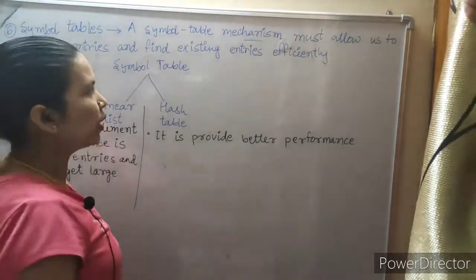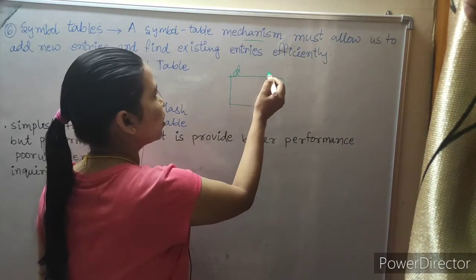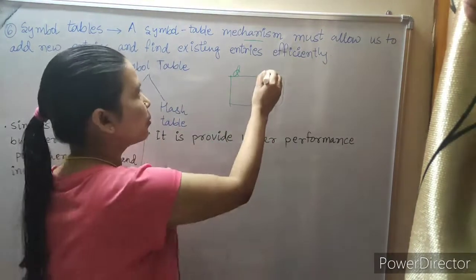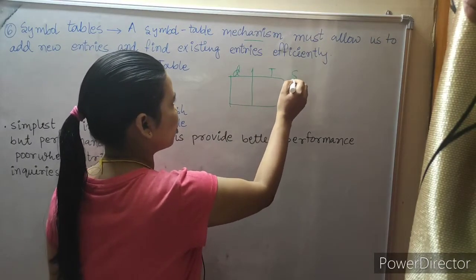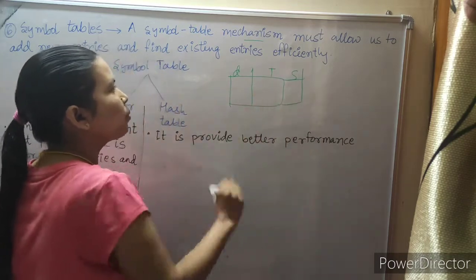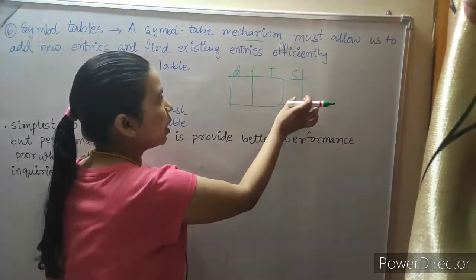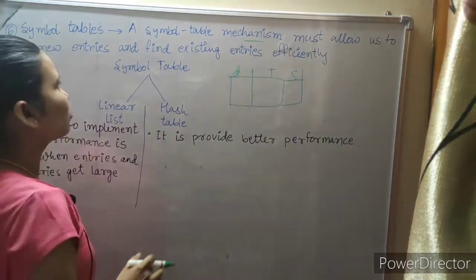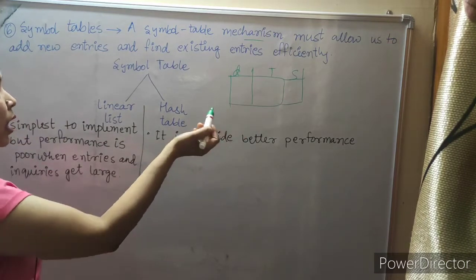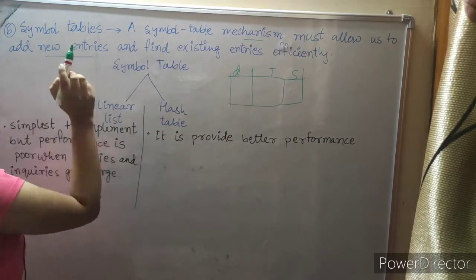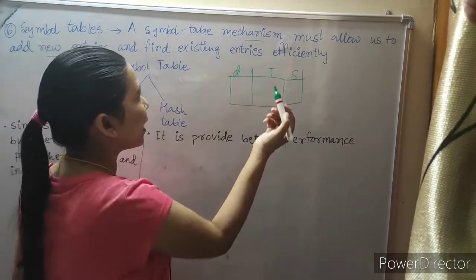In the symbol table we store data type, terminal variable, and size of the data. So the symbol table mechanism must allow us to add new entries and find the existing entries.